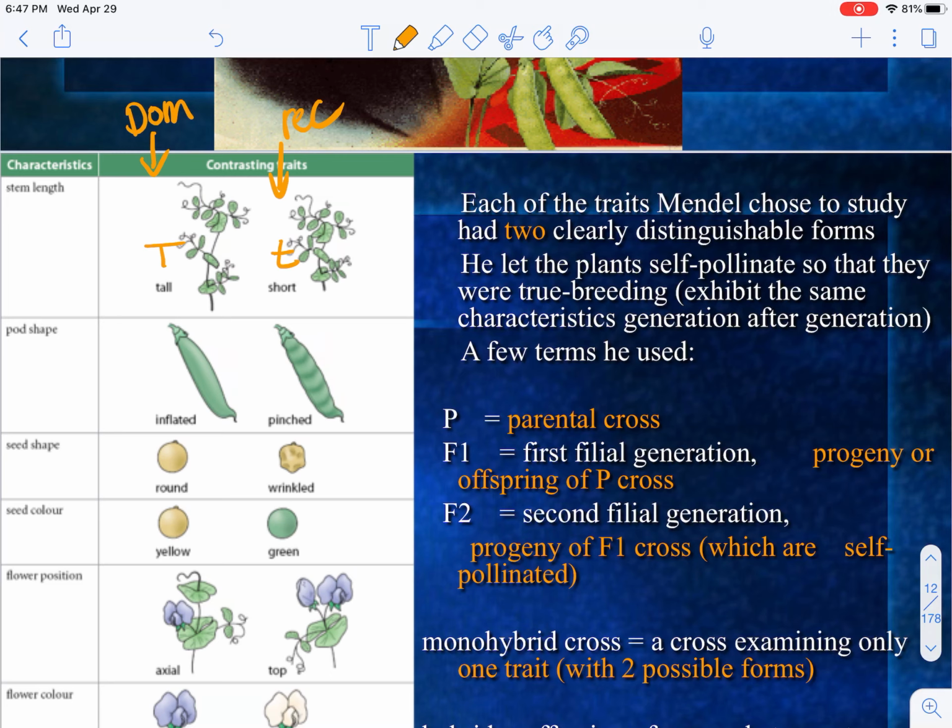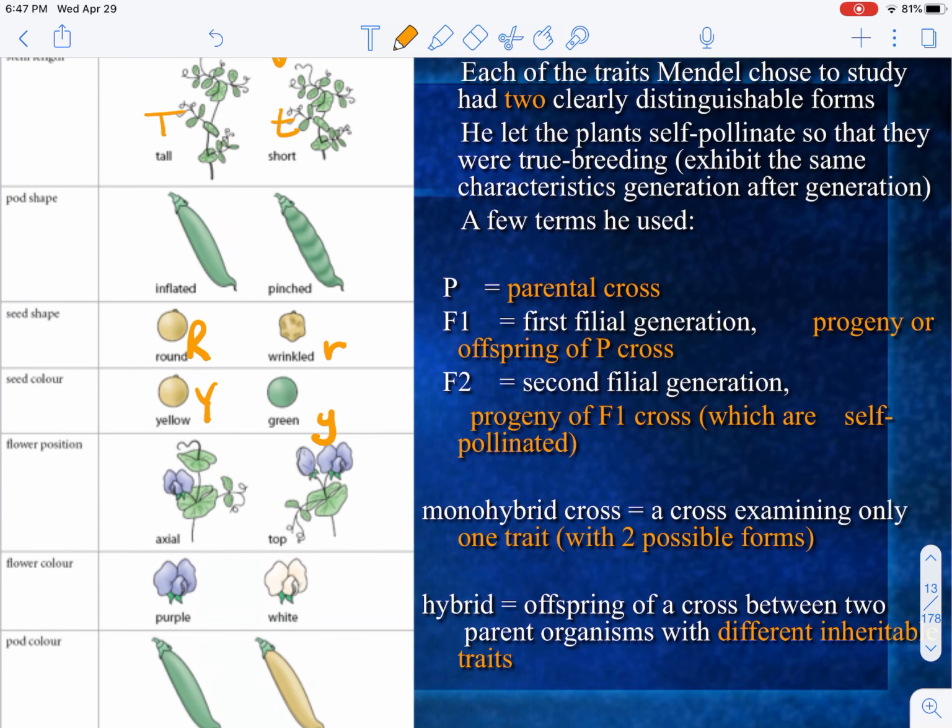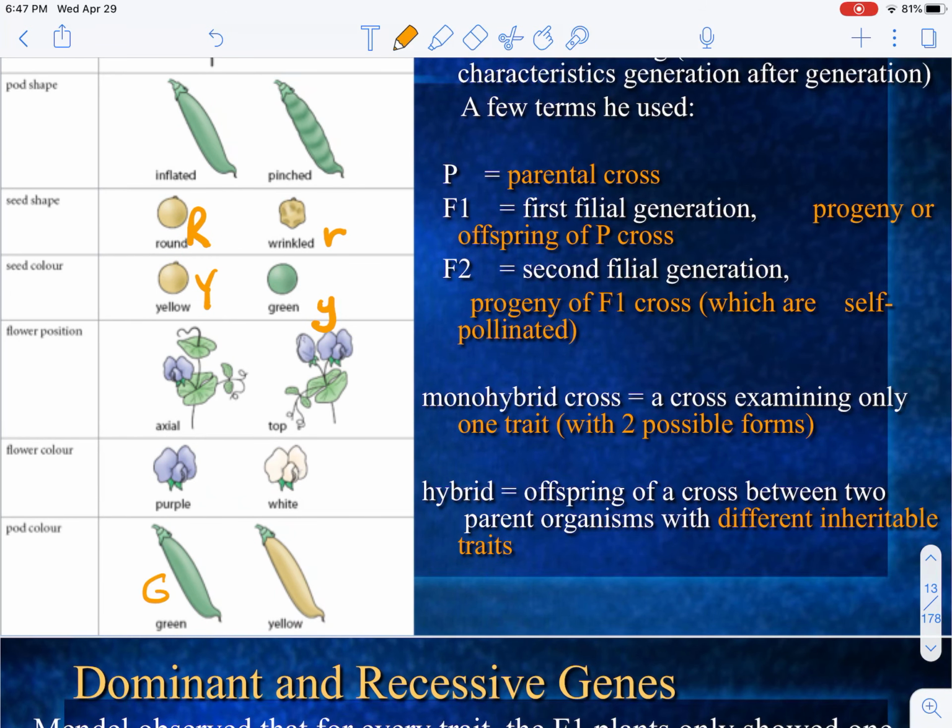So for pea plants, we would use T for tall and a little t for short. It has to be a lowercase of the same letter that you used for the dominant. For round, we'd use big R. Wrinkled, we'd use little r. Yellow, big Y, green, little y. We might use green for the color of the pod, and then the yellow pod would be the lowercase.